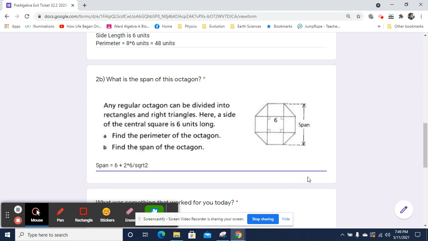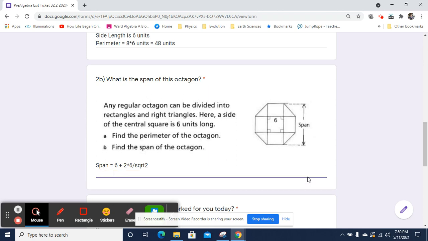Now we'll rewrite 6 over square root of 2. That's going to be 6 plus 2 times 6 times the square root of 2, all over 2, and that'll be units, of course.